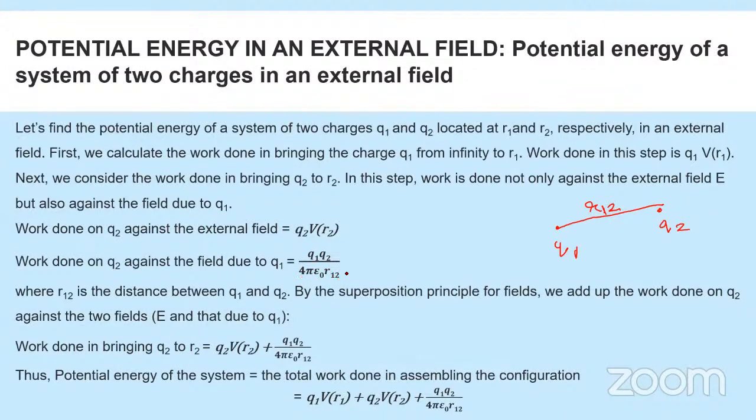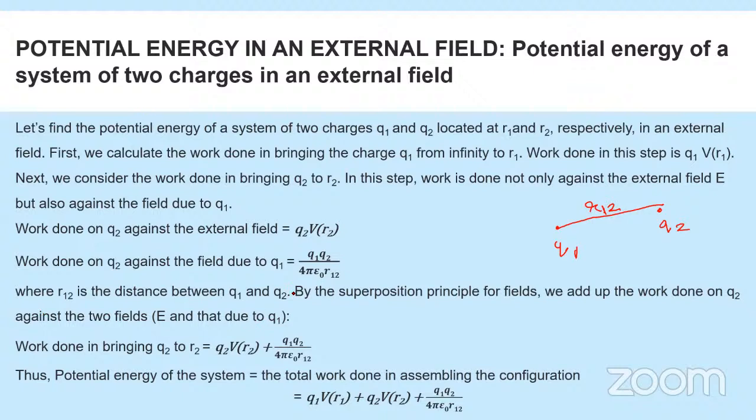This also we saw when we were trying to see what is the potential energy of a charge because of two charges, when you are trying to get Q2 to a position where an electric field is already there due to Q1. And as I said, R12 is the distance between Q1 and Q2.